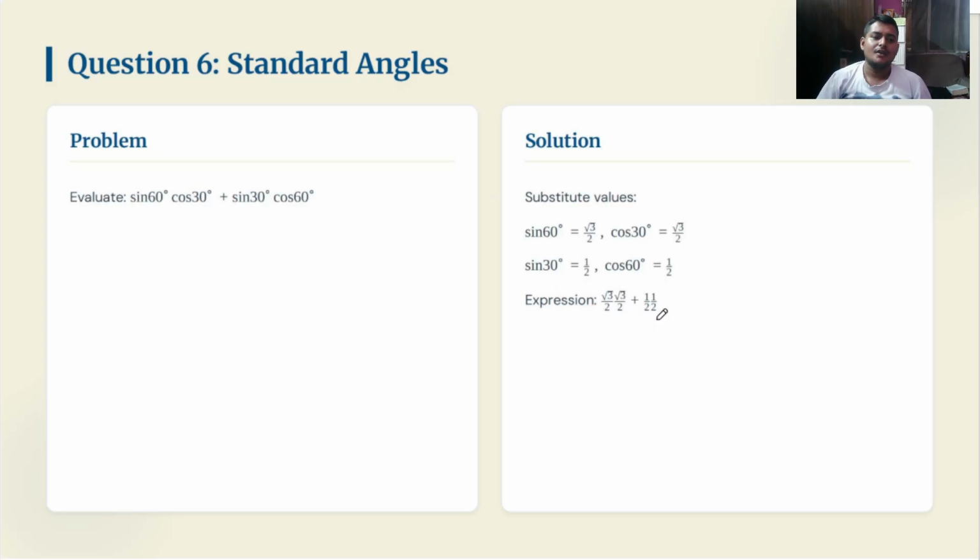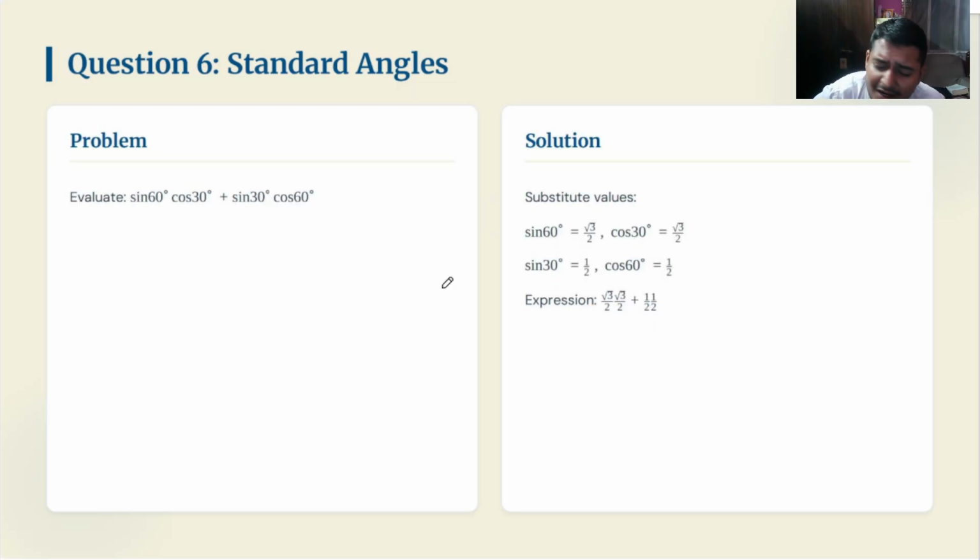Now, again, from the value of the standard angles, we have discussed the trigonometric tables for the standard angles of sin theta, cos theta, and tan theta. The standard angles were 0 degree, 30 degree, 45 degree, 60 degree, and 90 degree.